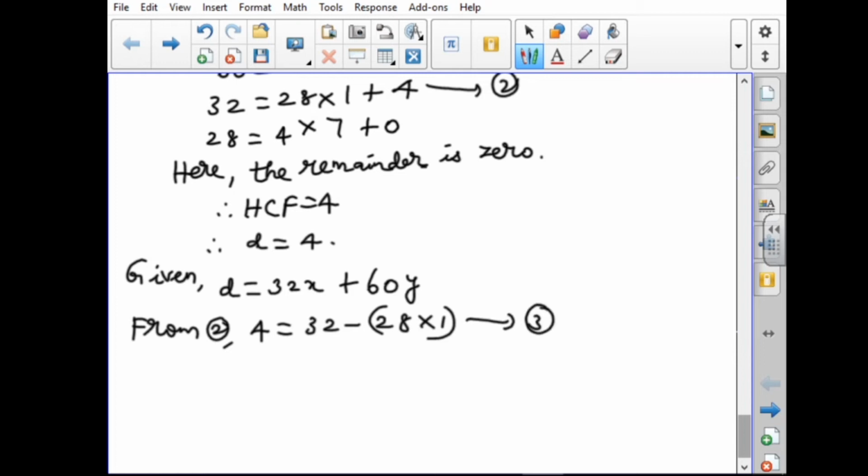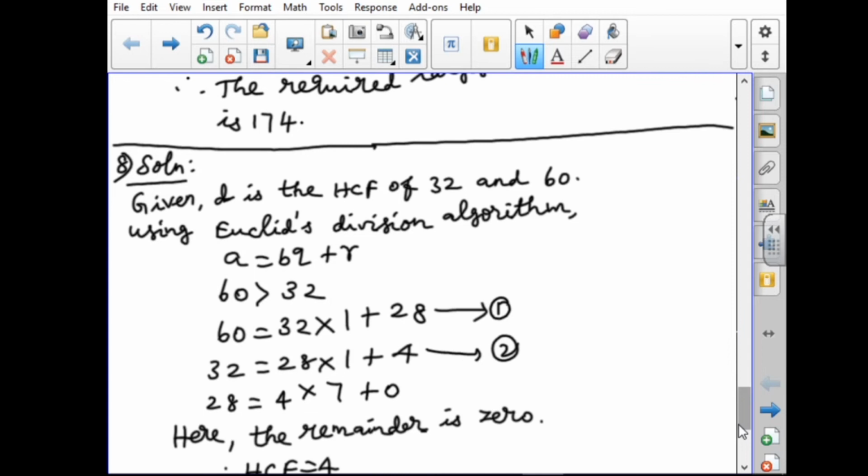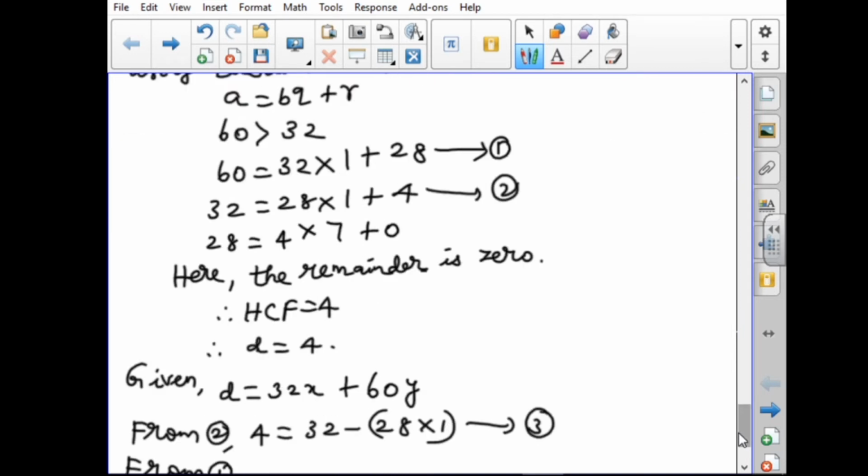Now you have to take equation 1. Equation 1 is 60 equals 32 into 1 plus 28. Keep 28 as it is on this side, and 32 into 1 moves to the other side. So we are getting 60 minus 32 into 1 equals 28.